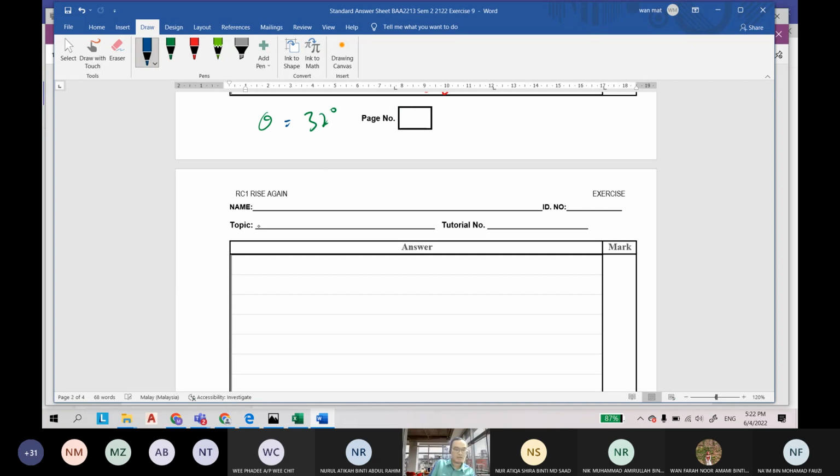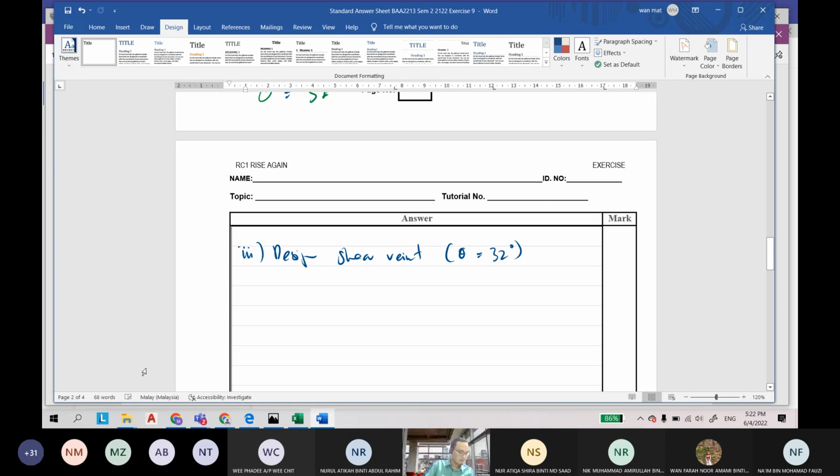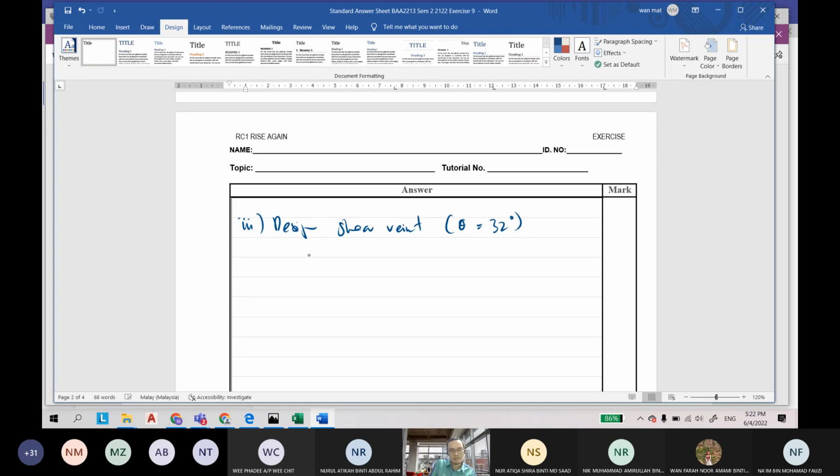Thank you. So now the next step is just like example exercise number 8. We just design shear reinforcement, but according to theta equal to 32 degrees now. So our cotangent theta is equal to what, and tangent theta is equal to what?